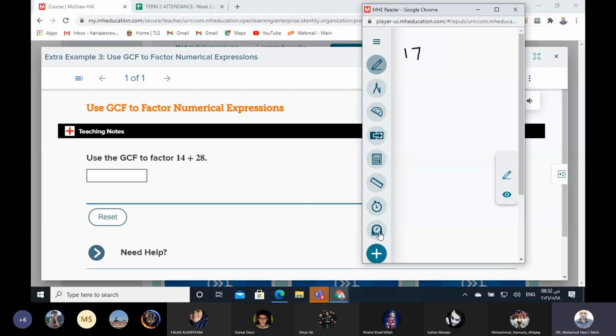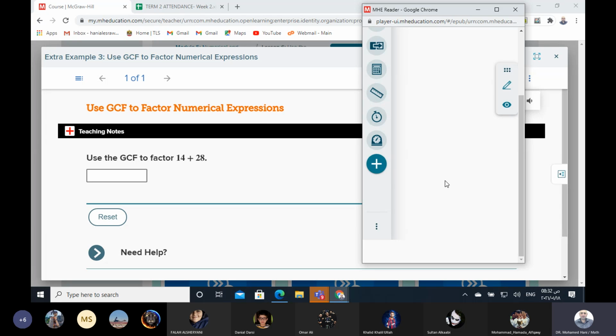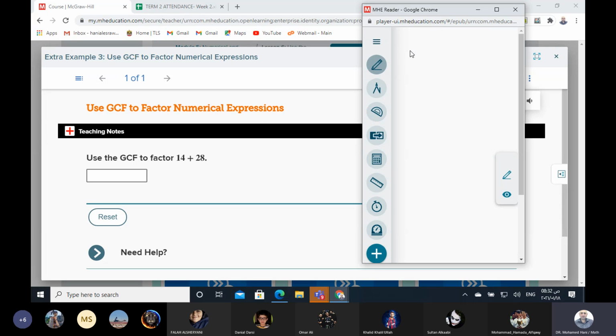The GCF will be 7, but this is not my question. I want to factor 14 plus 28.